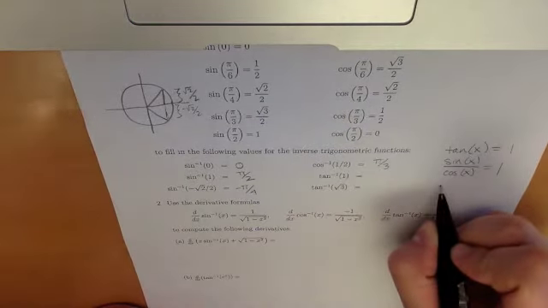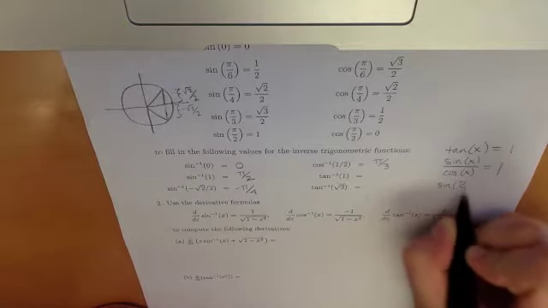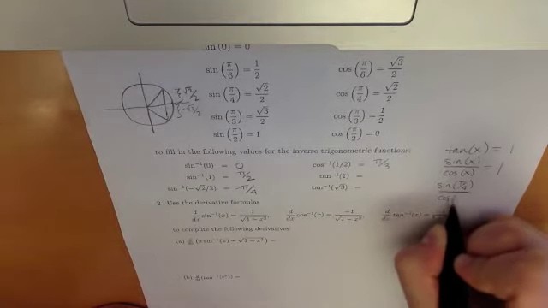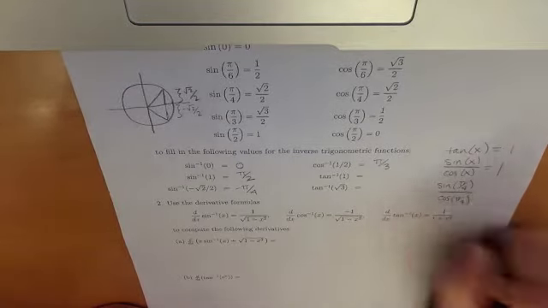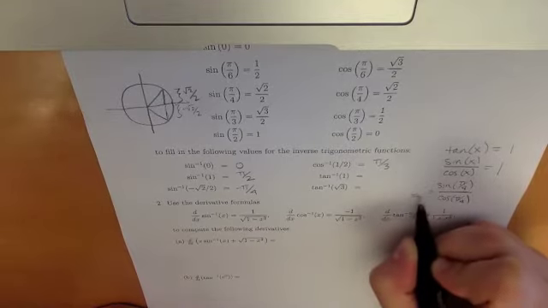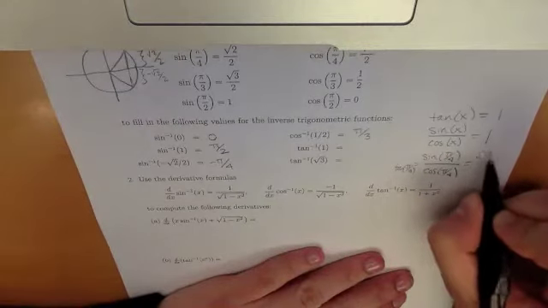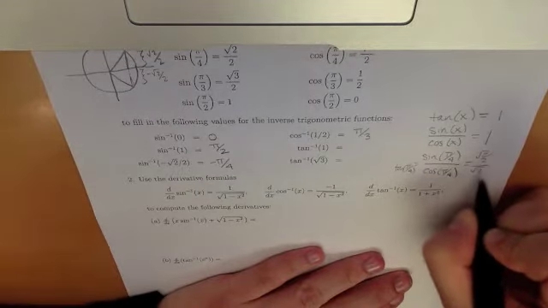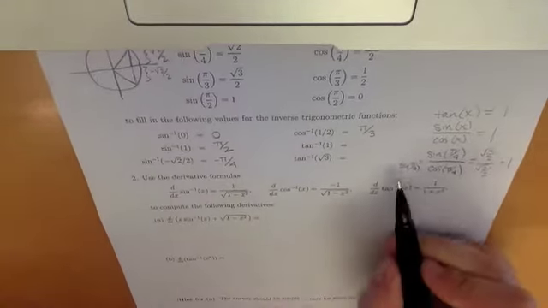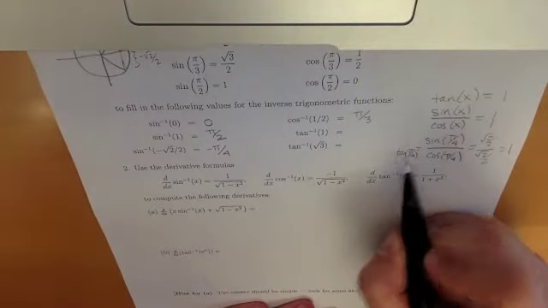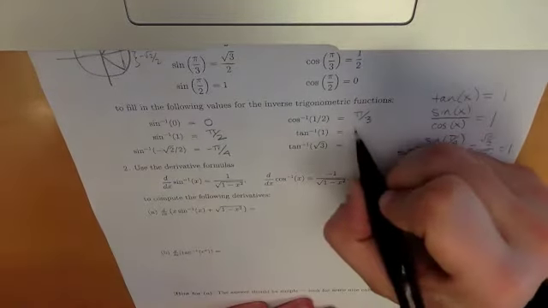So if I have sine of pi over 4 over cosine of pi over 4, notice this is tangent of pi over 4. This is the square root of 2 over 2 over the square root of 2 over 2, which is 1. So that tells me that tan inverse of 1 is pi over 4.